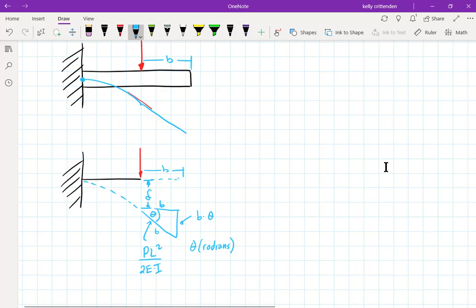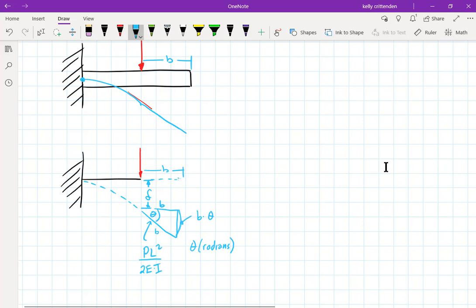Because basically you're treating that like an arc length. I drew it as a straight line, but you're treating it like a little arc length, like it's sweeping through that angle theta. And they're essentially the same when theta is a small angle measure.